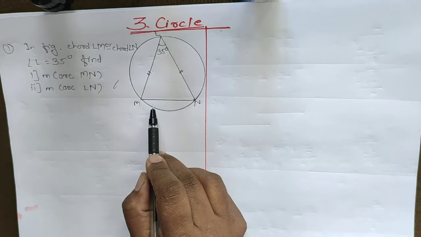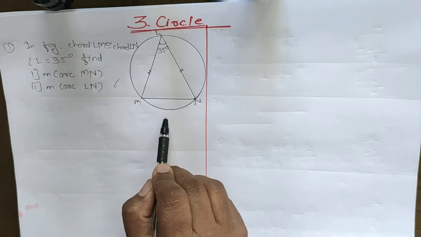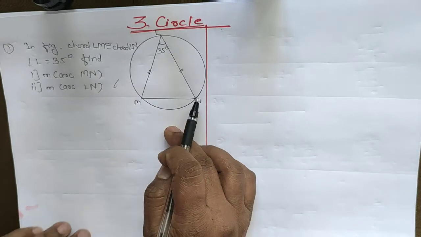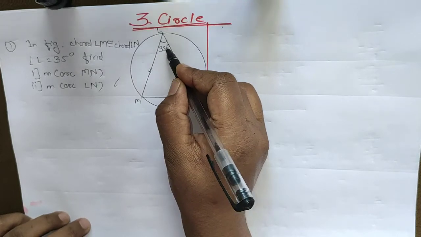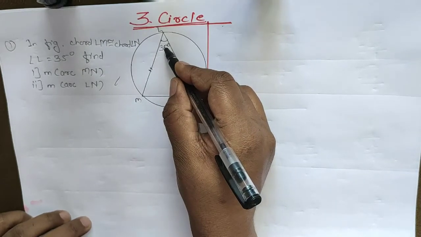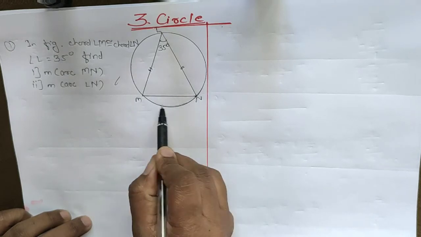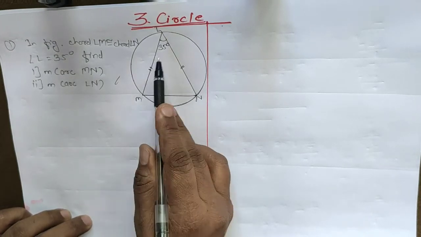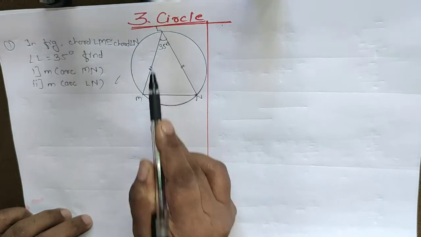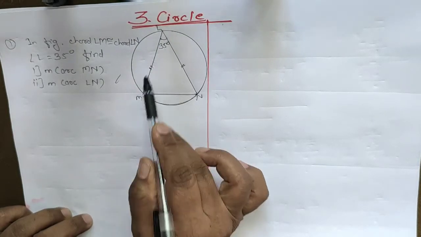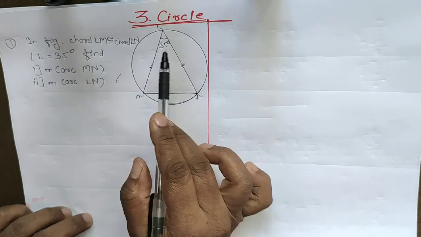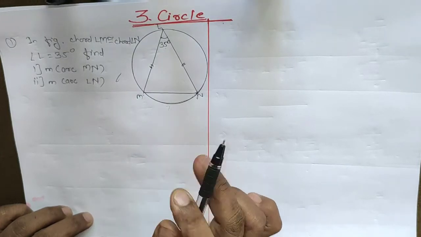Okay, if you see this figure, you will notice that it is an inscribed angle. This arc is intercepted by this angle, so the measure of arc MN is double the measure of angle MLN. So this is 35, then its measure is 70.